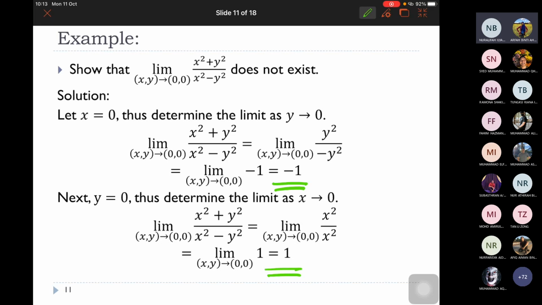But this one because x squared tambah y squared 1 by 1, so we can't do the separation or simplify the function directly. Kita hanya boleh gantikan the value. Tapi kita tengok 1 by 1. First, when y equal to 0, x is the one that approaches 0. And then when x equal to 0, y is the one that approaches 0. Okay.